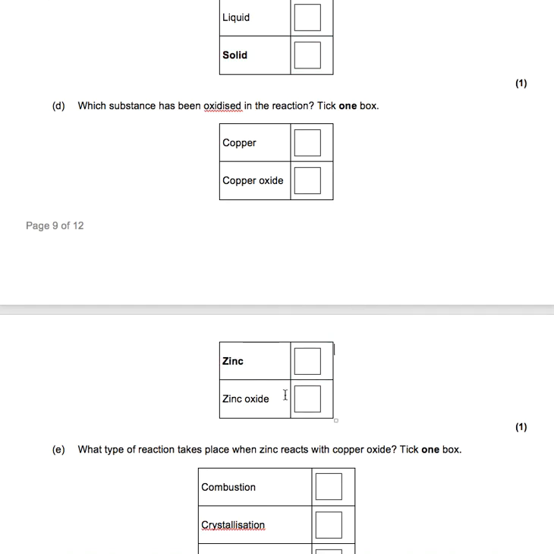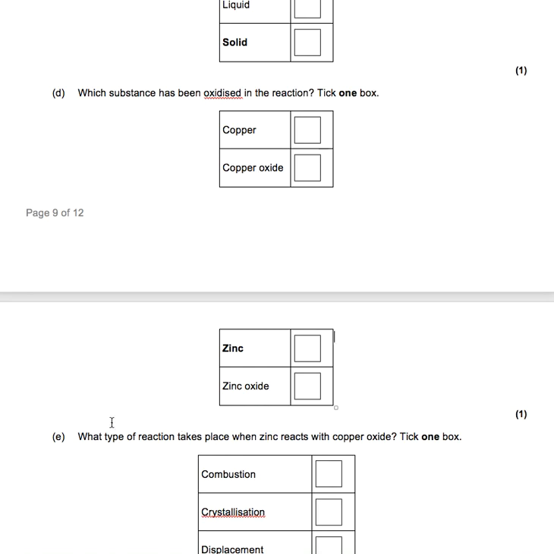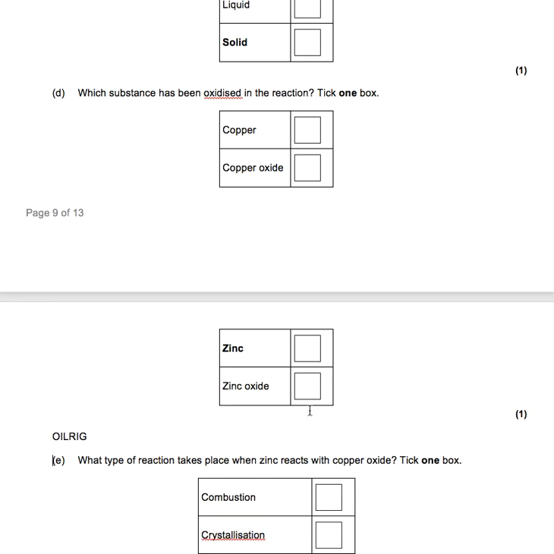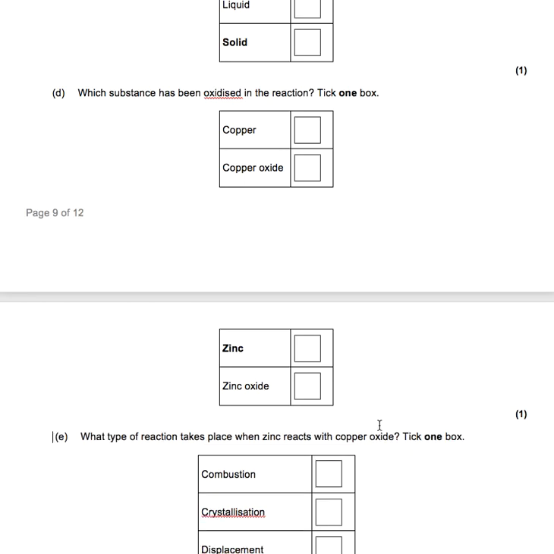You also have the mnemonic. You'll remember OIL RIG, I hope. It's not necessary in this case, but oxidation is the loss and reduction is the gain of electrons, or oxidation is the adding of oxygen, reduction is the removal of oxygen.